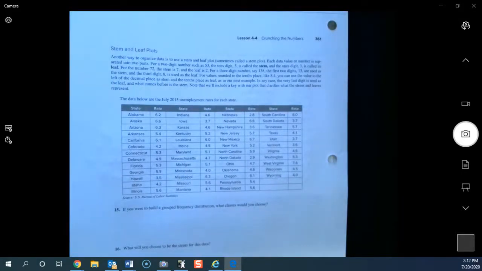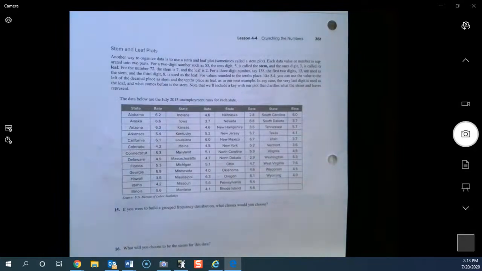For a three-digit number, say 138, the first two digits 13 are used as the stem, and the third digit 8 is used as the leaf. For values rounded to the tenth place, like 8.4, you can use the value to the left of the decimal point as the stem and the tenth place as the leaf. As in our next example, in any case, the very last digit is used as the leaf, and what comes before it is the stem. Note that we'll include a key with our plot that clarifies what the stems and leaves represent.